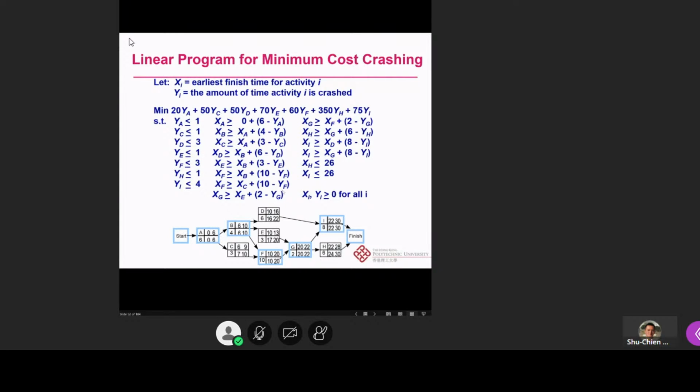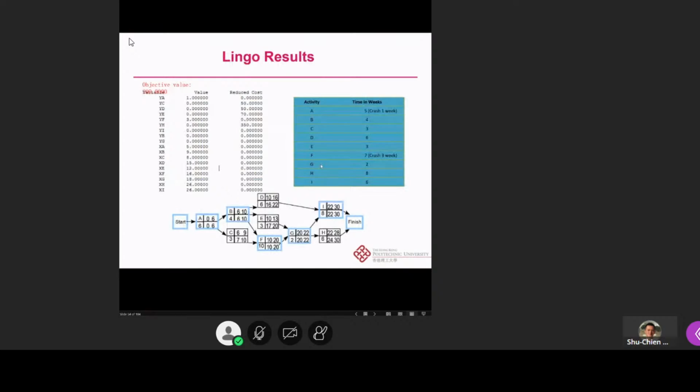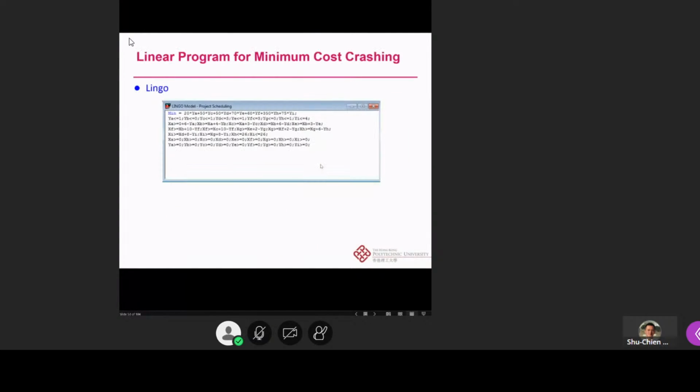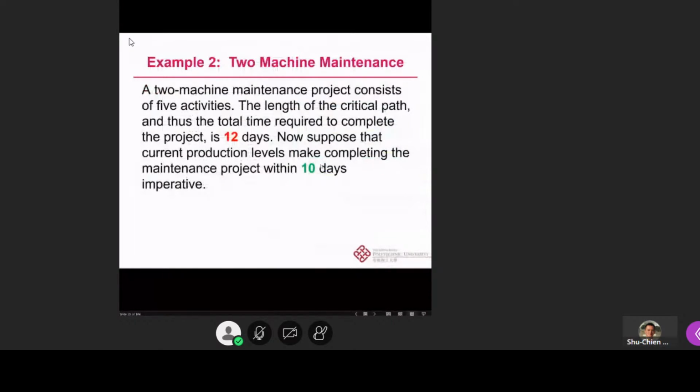So this is how we already consider all the paths, or all the relationships of those activities. Okay, so this is already included, and then it will automatically help us to define the critical path.